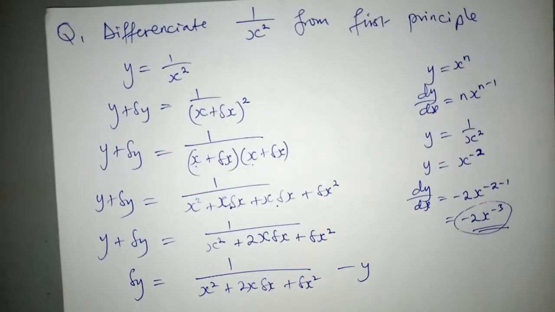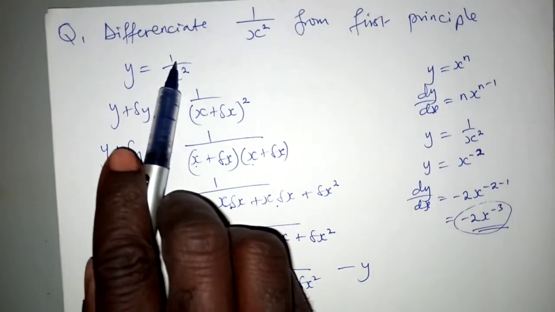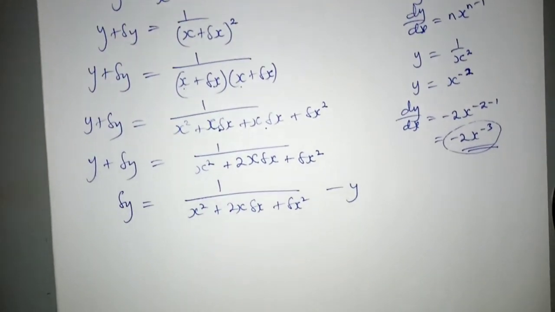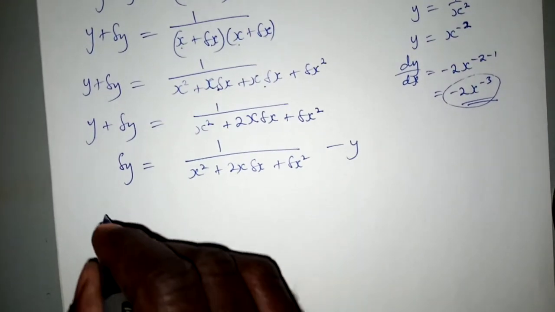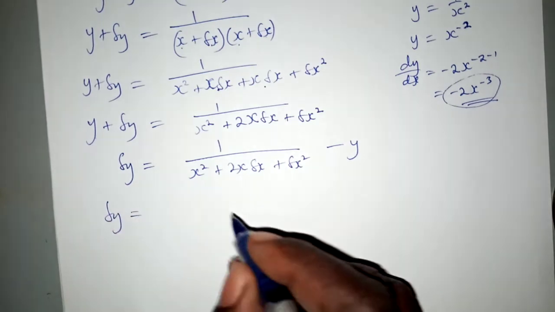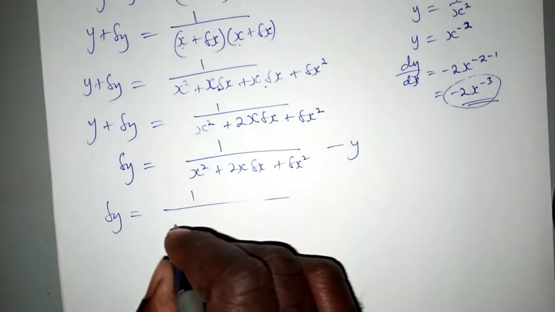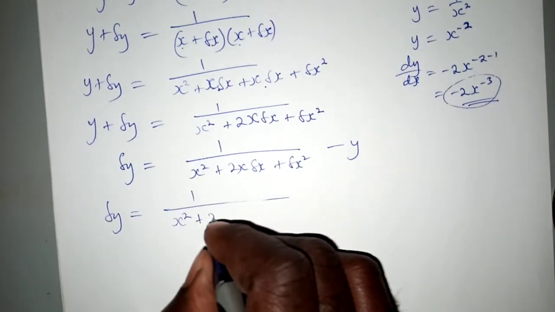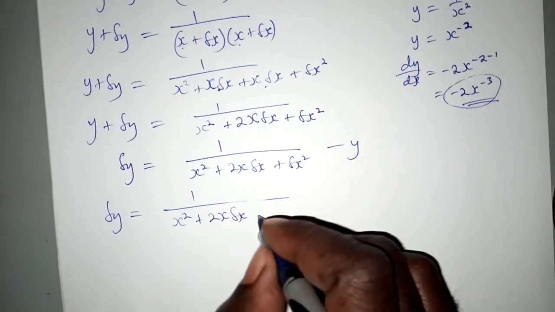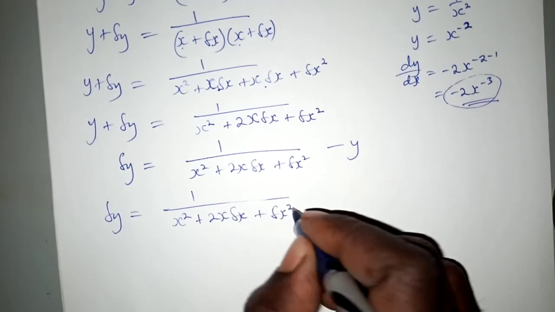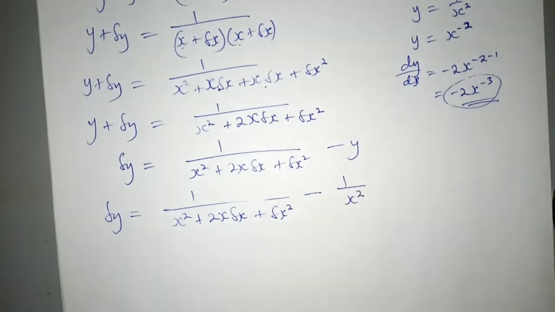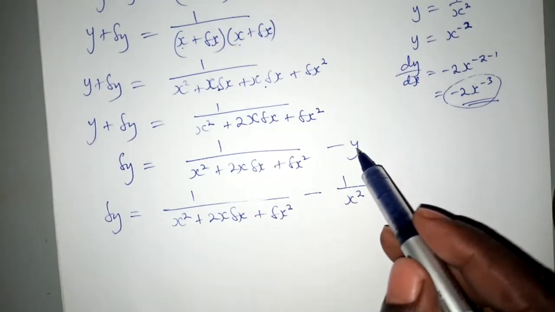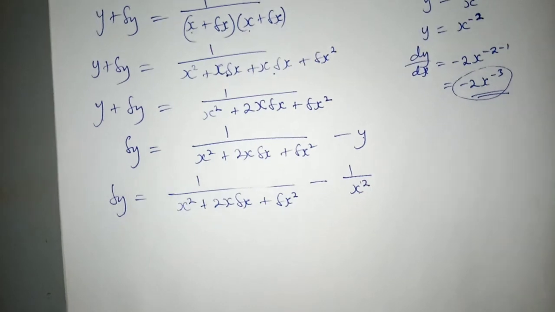Our y is equal to 1 all over x square, so we are going to substitute the value of y into the equation. So we have delta y is equal to 1 all over x square plus 2x delta x plus delta x square, then minus 1 all over x square, because our y is 1 all over x square.